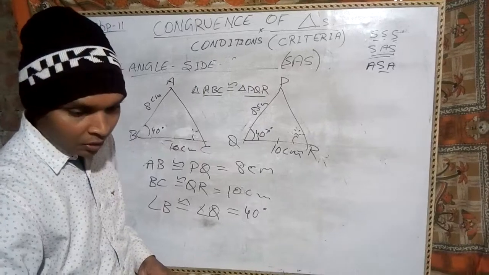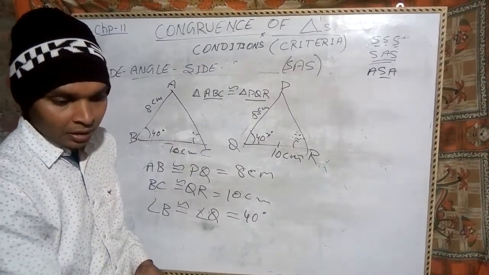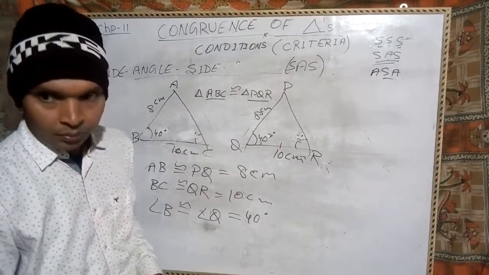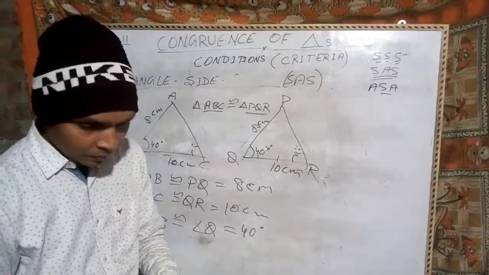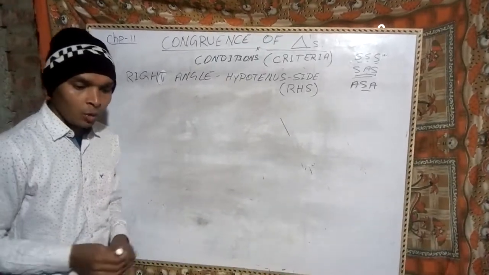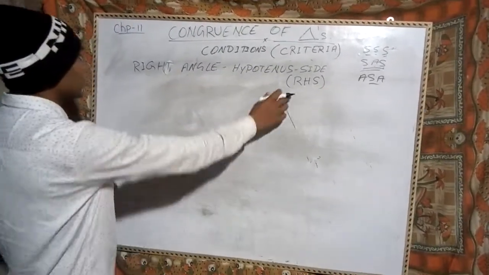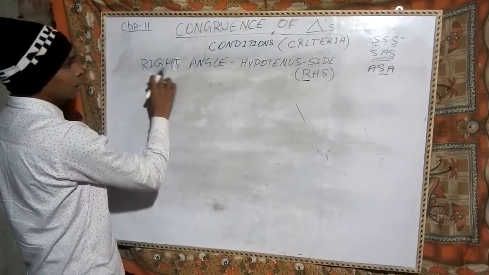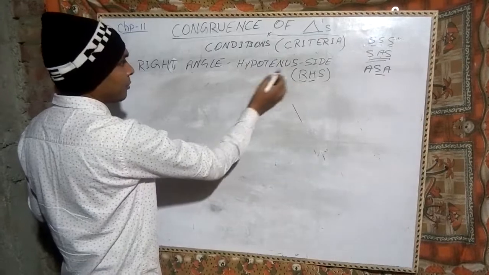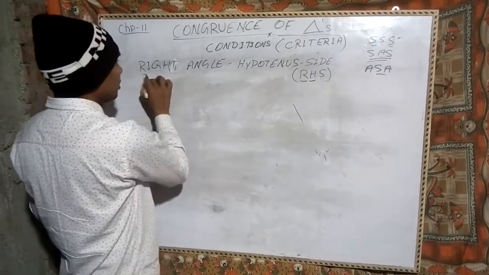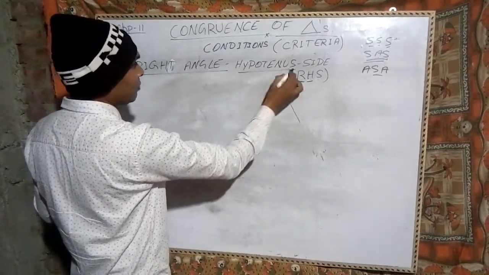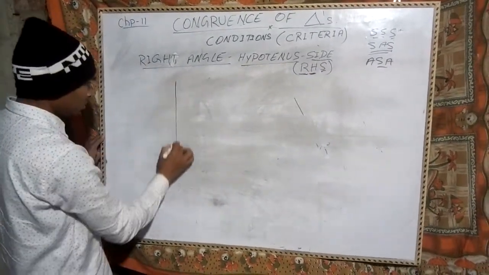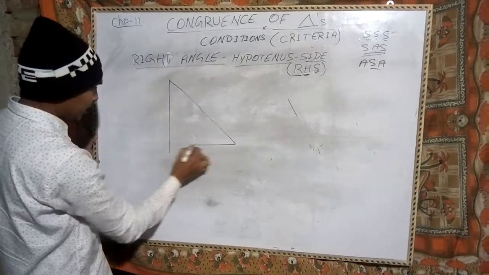Now the condition for RHS, right angle hypotenuse. Now RHS means right angle, R for right angle, H for hypotenuse, S for side. So this is a right angle triangle.